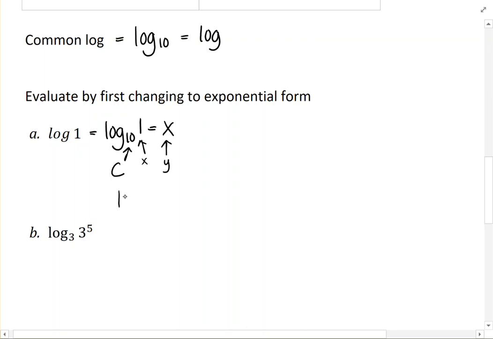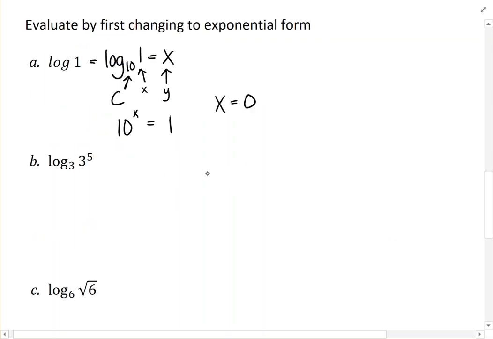So we know 10 to the power of something gives us 1. Now, what number, when it is an exponent, will give us 1? In this case, it must be 0, because anything to the power of 0 would give us 1. So the number that we're looking for is 0 in this case.